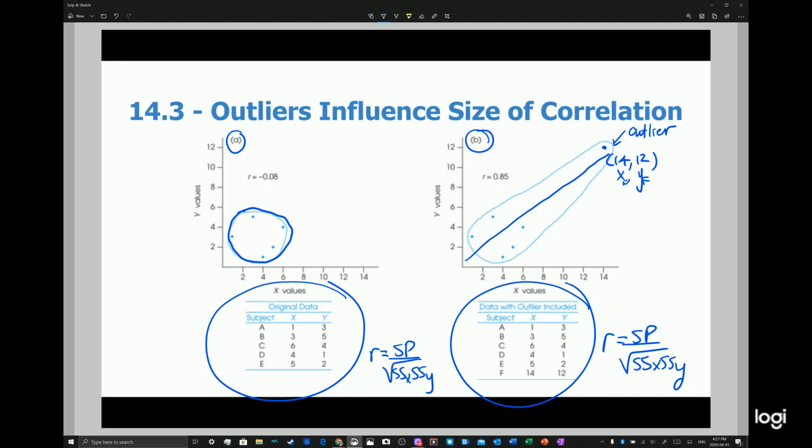And the outlier is the cause of this. We changed the correlation from a very weak, close to zero, negative correlation to a very strong, positive, close to 1 correlation coefficient. So that's what outliers can do.